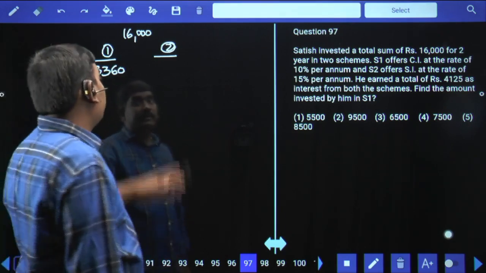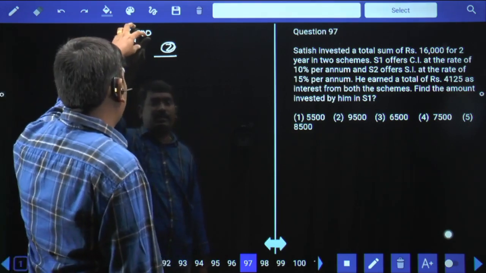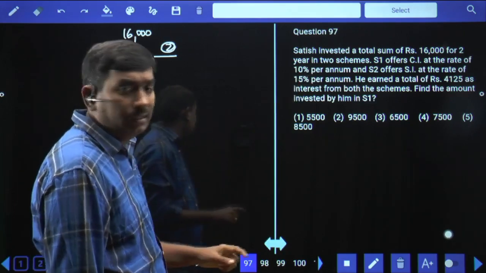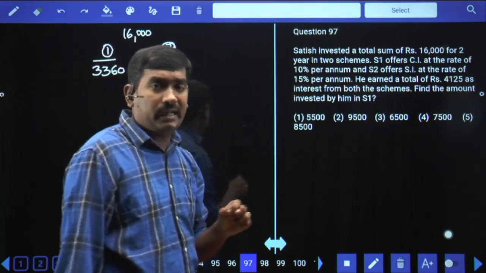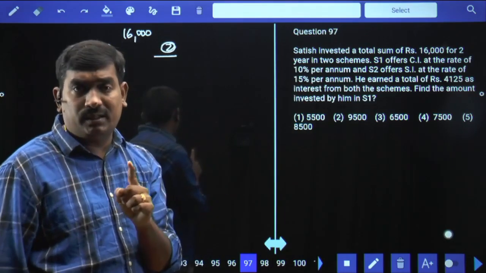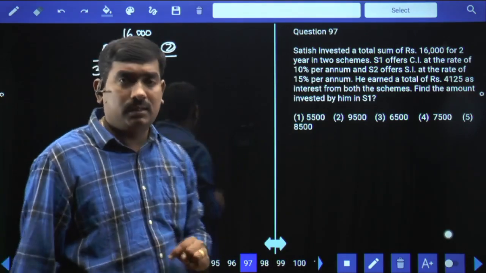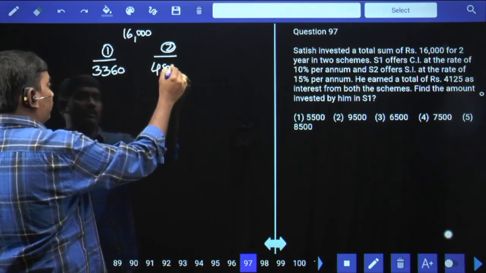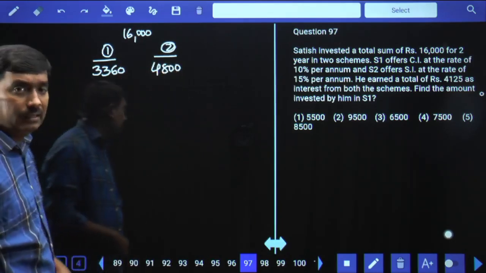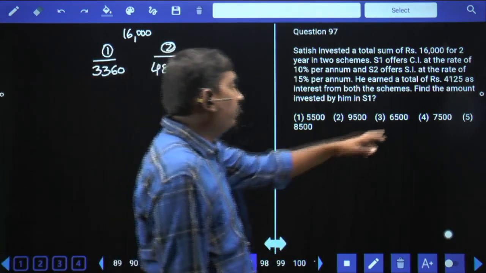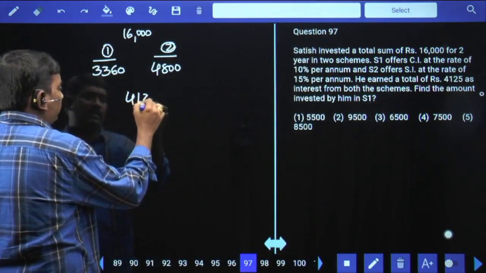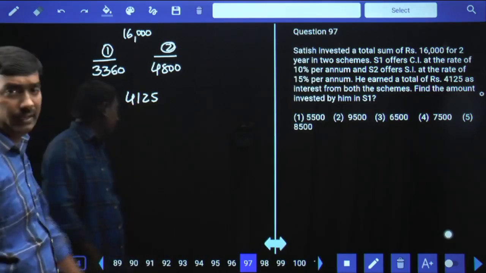Or else, suppose we invested the entire 16,000 rupees in scheme 2, which offers simple interest at the rate of 15% per annum. For 1 year 15%, for 2 years 30%. So 30% of 16,000 means 4,800 will be the interest. But he gained a total interest of 4,125 rupees.